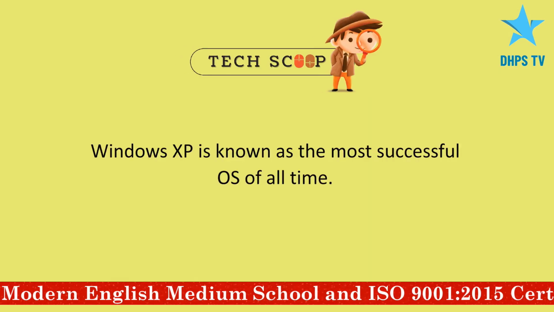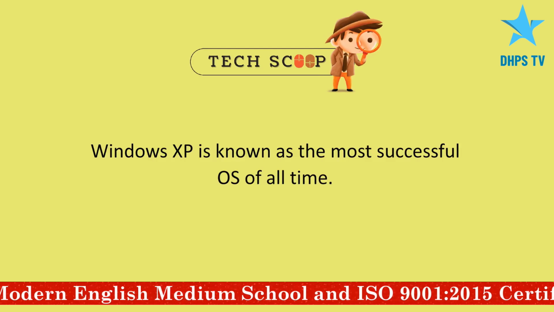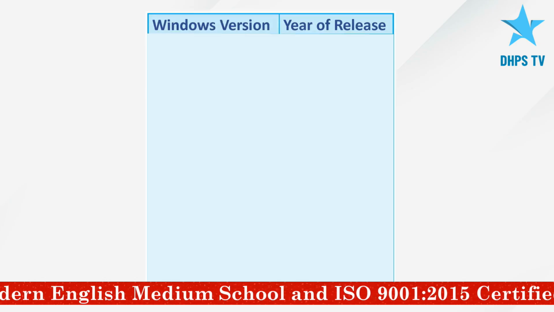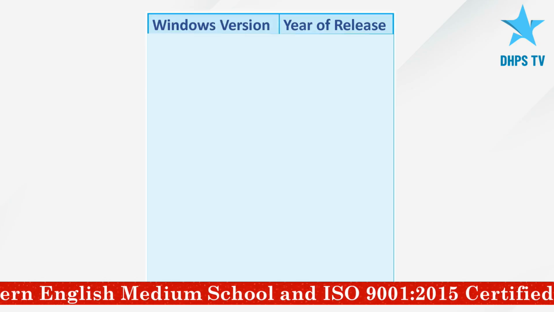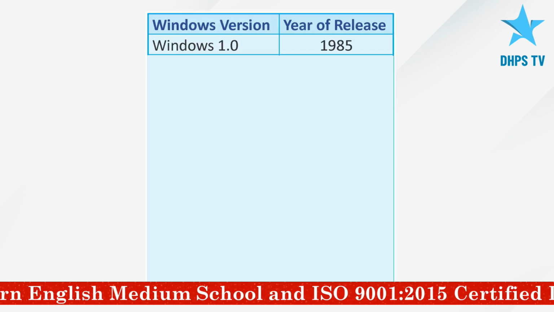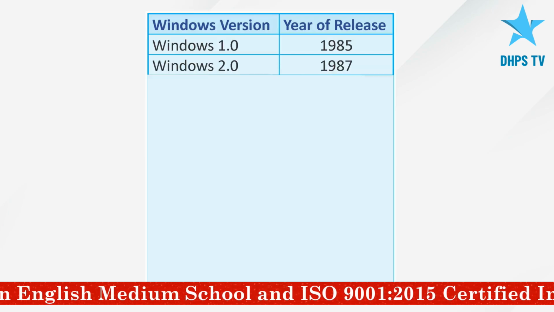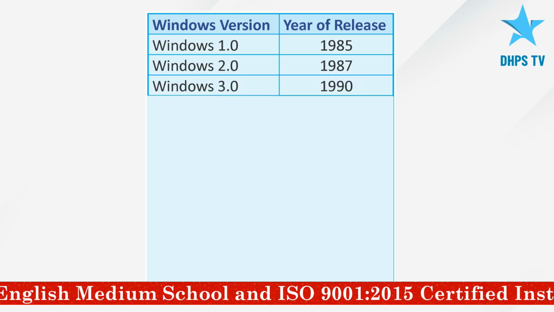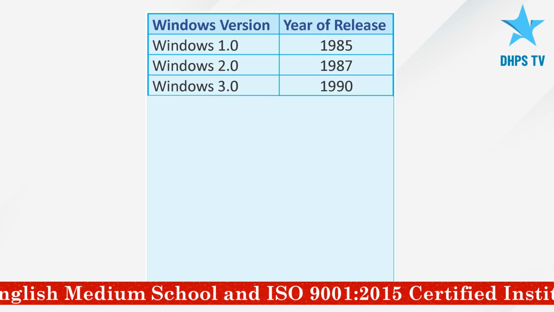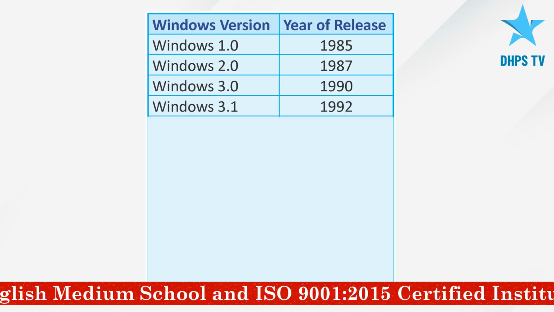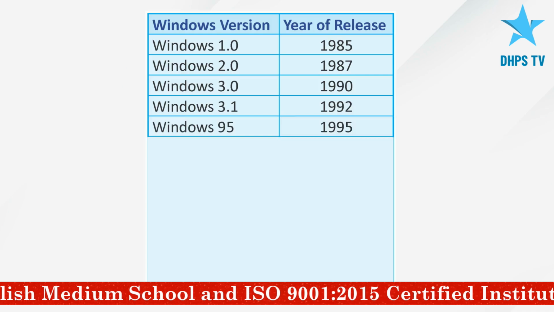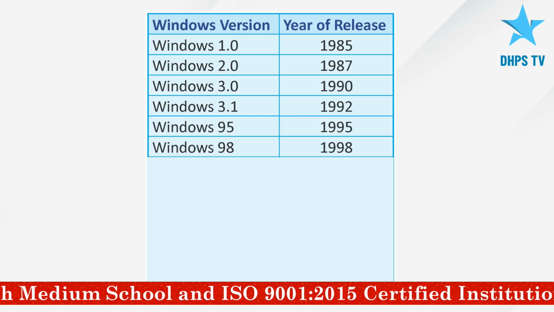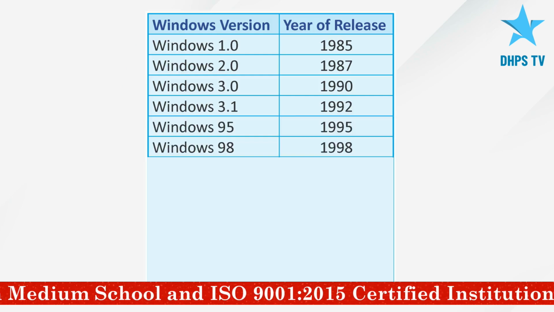Tech Scoop. Windows XP is known as the most successful OS of all time. Windows version, year of release. Windows 1.0, 1985. Windows 2.0, 1987. Windows 3.0, 1990. Windows 3.1, 1992. Windows 95, 1995. Windows 98, 1998.